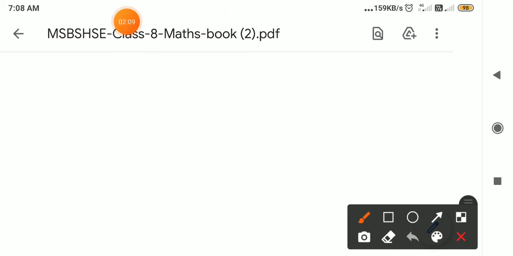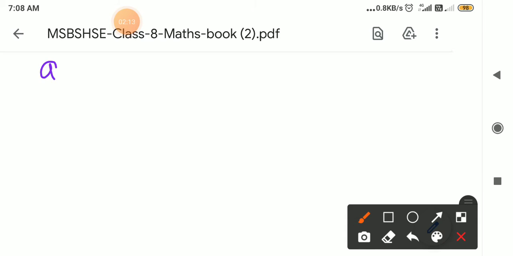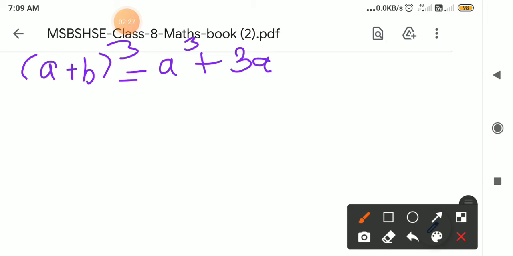First of all they use the factorization of (a plus b) cube. As you all know, its factorization is a cube plus 3a square b plus 3ab square plus b cube.